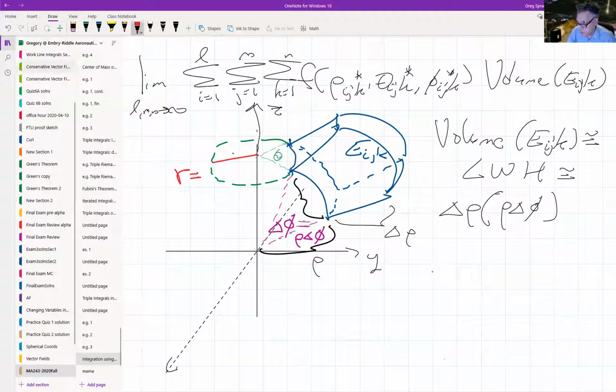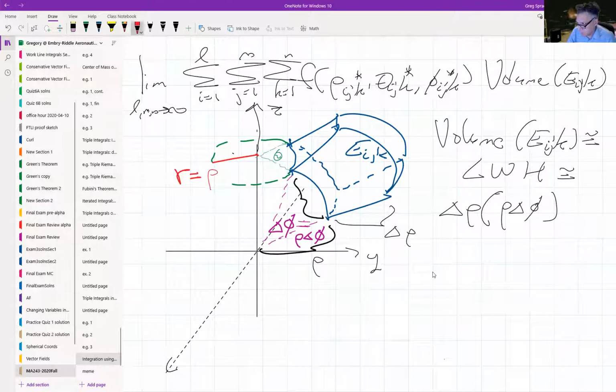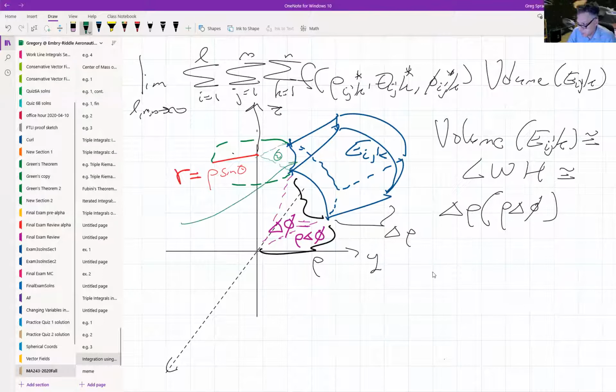Now, r is not a spherical coordinate, but remember we found out what r is the other day. Rho is r sine phi. So the remaining dimension of this little box is arc length times the central angle, which is rho sine phi delta theta.